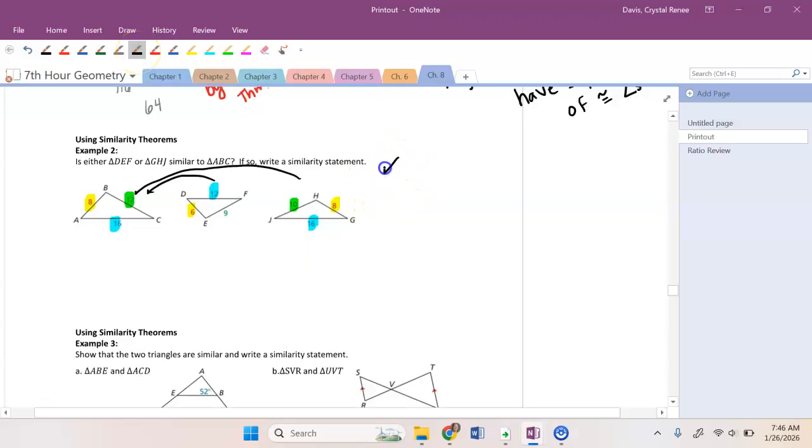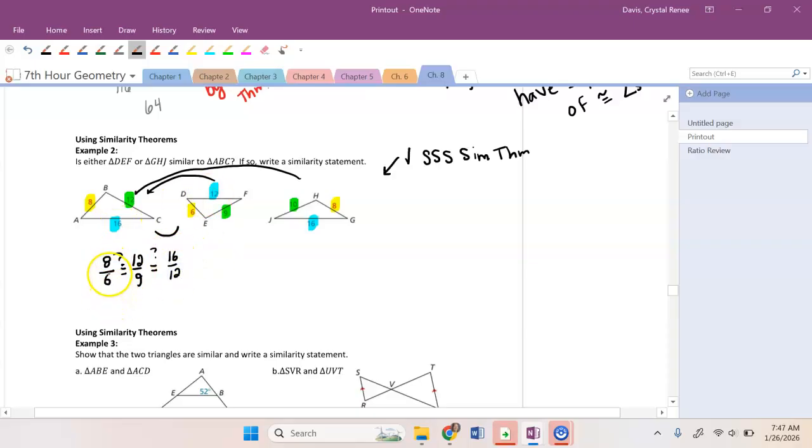Okay, so the only way that we can do these is check for the side similarity theorem. We want to see if the ratio of all three sides are the same. So let's go ahead and look at these two. What I want to know is 8 over 6, is that equal to 12 over 9? And is that equal to the blue 16 over 12?